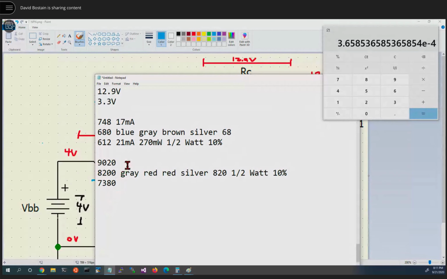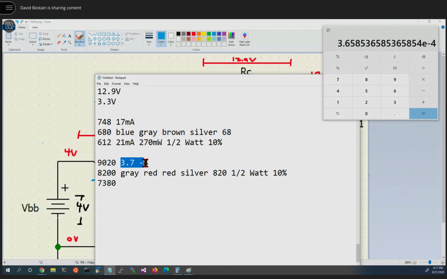If we took these two numbers, we go to 365 to the minus 4, and we got 3.6, or 3.7 to the minus 4. If we took this number and multiplied it back times 100, it's not going to exceed 17 milliamps, 21 milliamps. It's not going to even be in that ballpark. So it's safe for us with the voltages and things we did.